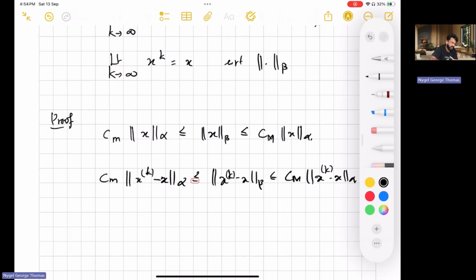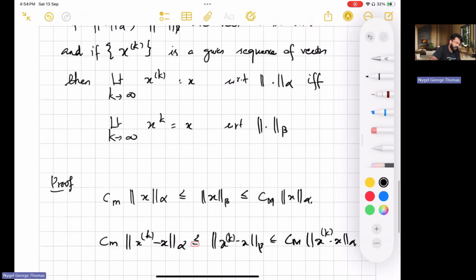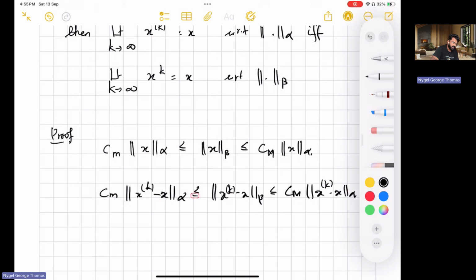This one holds, okay? But we know that with respect to alpha, the norm of xk minus x is tending to 0.